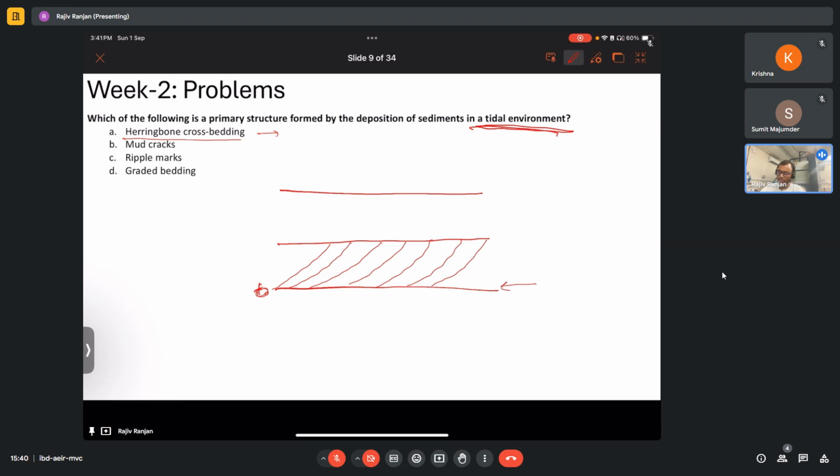But after some time, what happens? The direction changes. So what will happen? Or you can simply say like this, or like this, or like this.